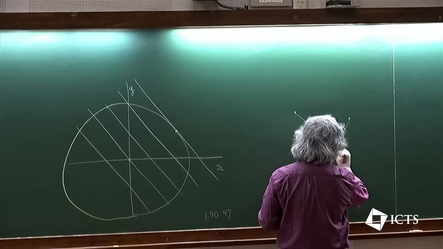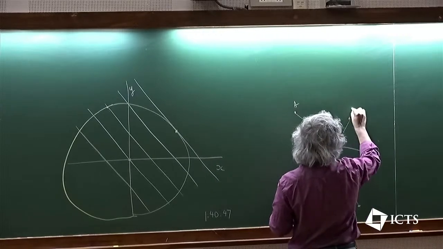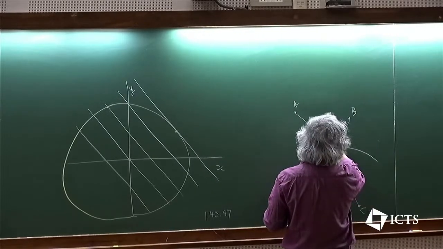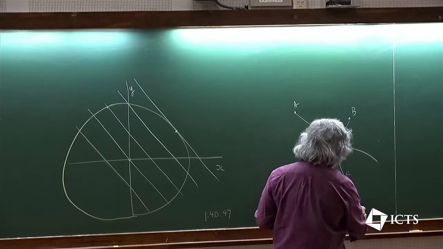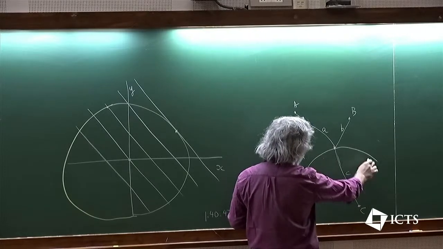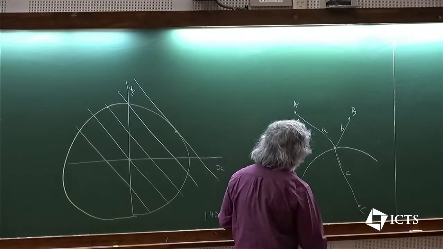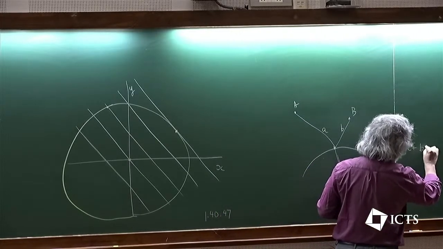So this is a circle. This is A, B, and C. I've drawn a circle with center C and radius little c. So it's clear that if I wanted to minimize the total length of the road, I should minimize A plus B plus C.